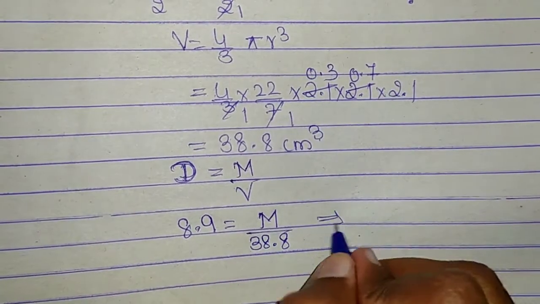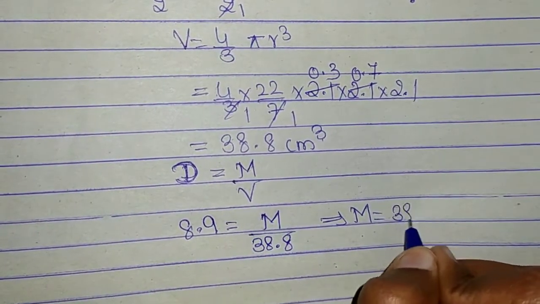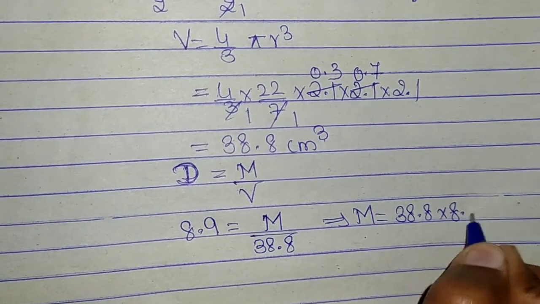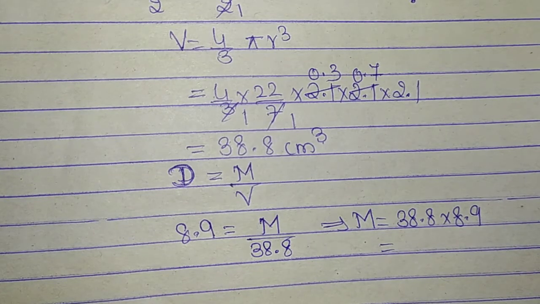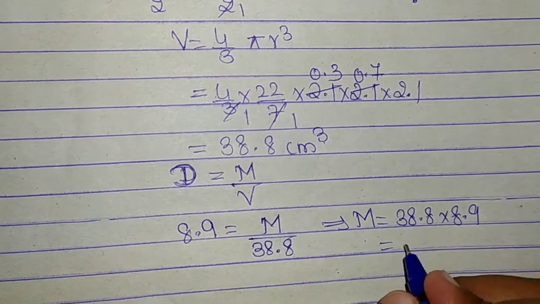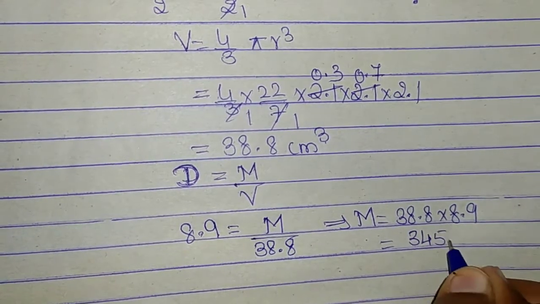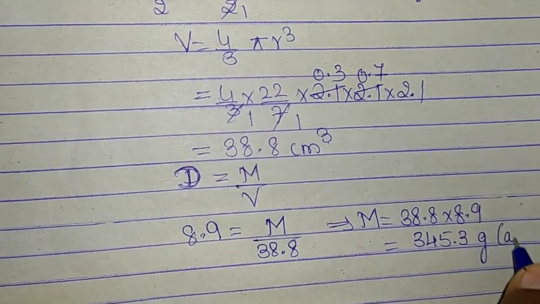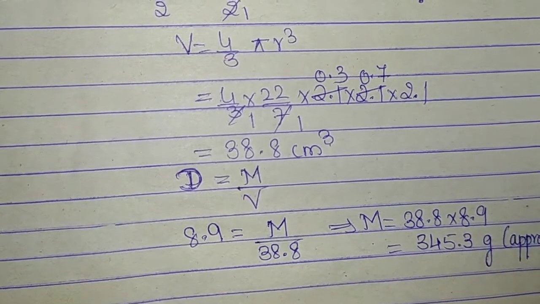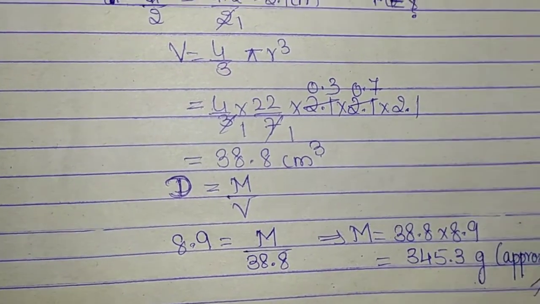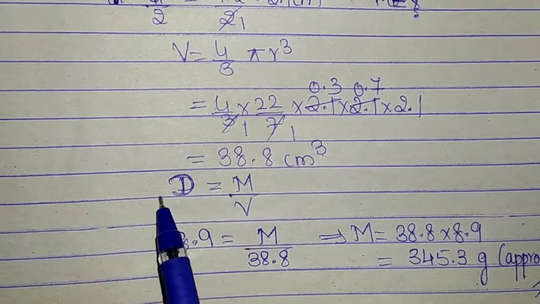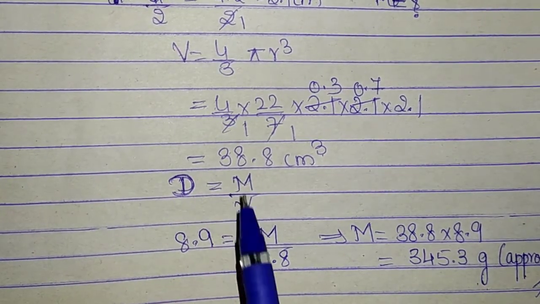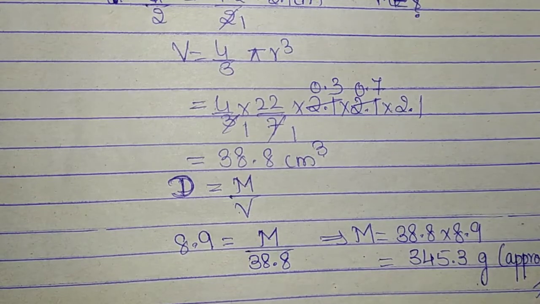So mass is equal to 38.8 into 8.9, which is equal to 345.3 grams approximately. This is the mass of the given spherical metallic ball. We calculated its volume first, and using the relationship density is equal to mass by volume, we calculated its mass.